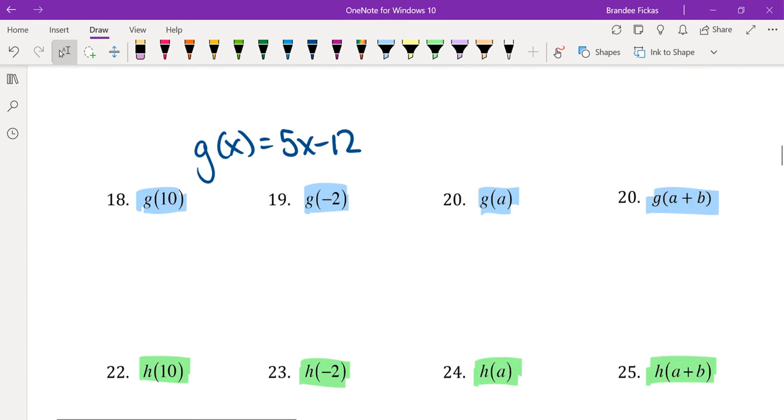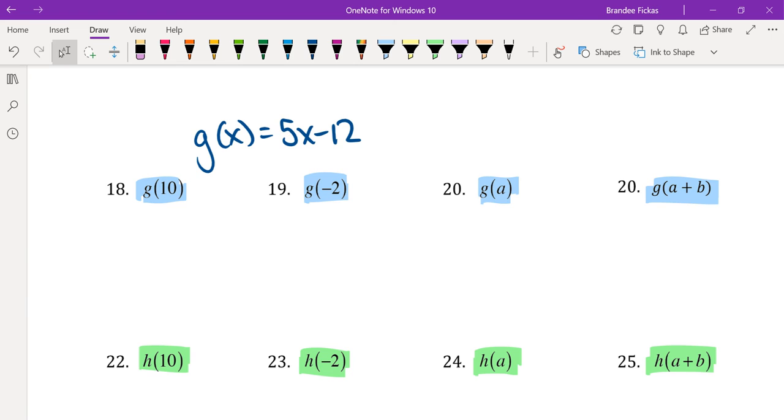Everywhere I see an x, I am going to plug in 10. So there's one x. So this would be 5 times 10 minus 12. Then I do the same thing for the -2. 5 times -2 minus 12.